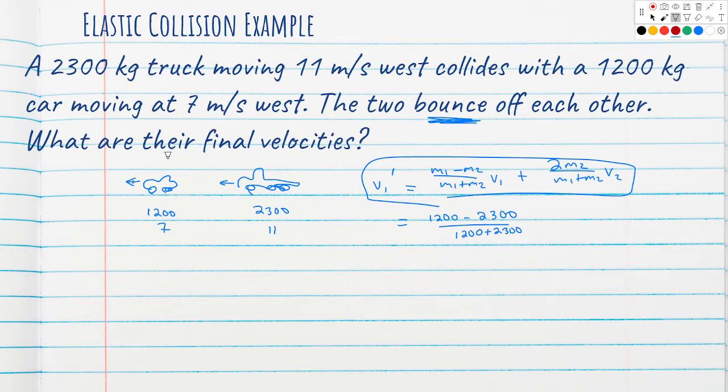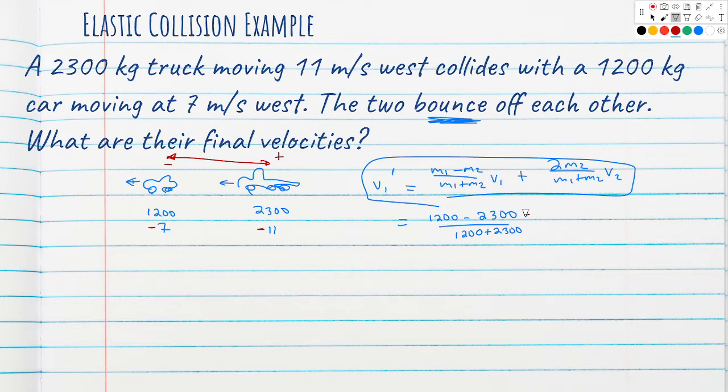Normally what we do is draw an arrow and call one direction positive and the other direction negative, and we're most comfortable putting the positive to the right. If I do that, then both of these are moving with a negative velocity. The first problem we did where they hit and stuck worked out because they were moving in the same direction. If they're moving in opposite directions, though, they need an opposite sign, so be careful with that.